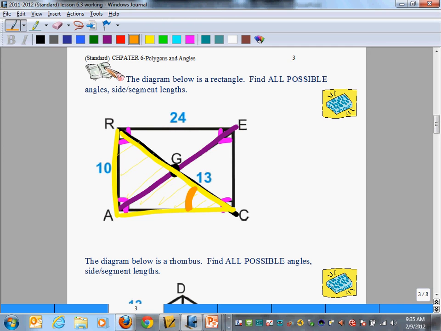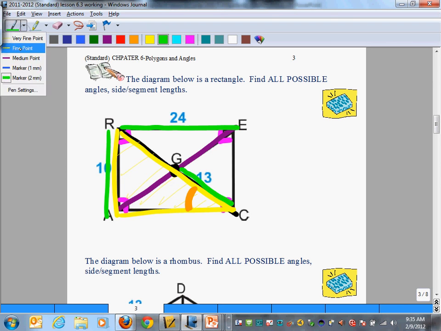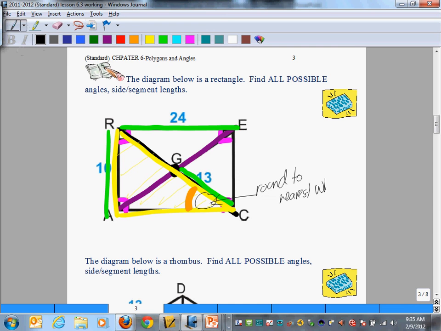Where's the 13? 13 only goes from G to C. 13 is the segment, 24 is the side length, and 10 is that side length. Also, this angle, round to nearest whole degree.